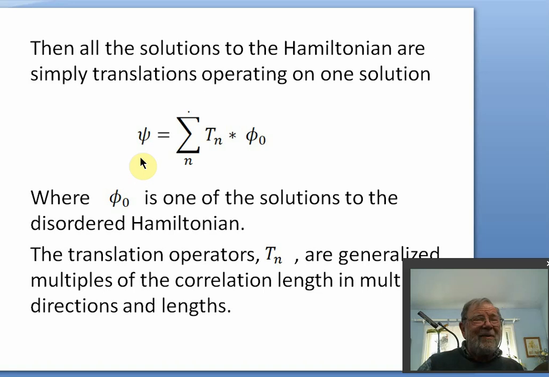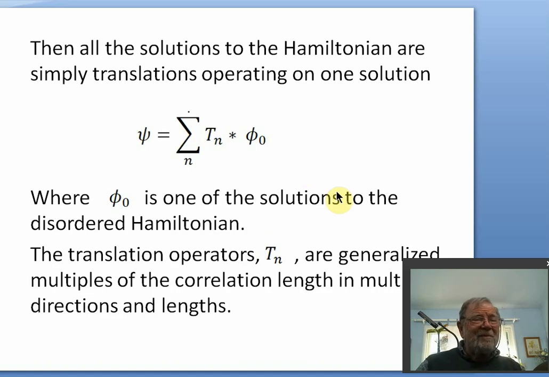So here, this is the many-body wave function. If you take the translation vectors and multiply them by one of the functions, that gives you the complete set of solutions, because they are orthogonal to the random Hamiltonian, disordered Hamiltonian, that is to say.